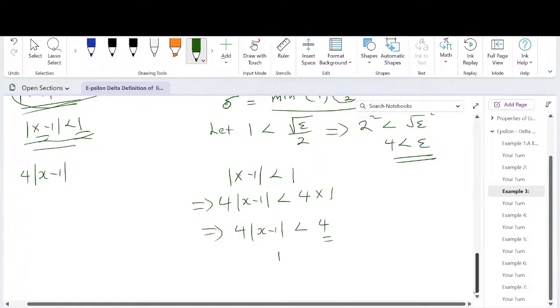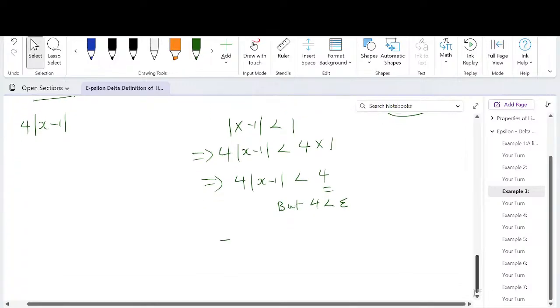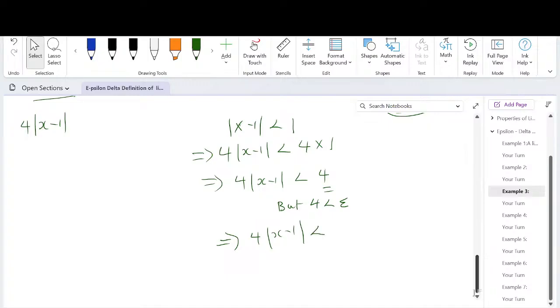But it says 4 is less than epsilon. So that means I can say that 4 times the absolute value of x minus 1 is less than epsilon. Since 4 is less than epsilon, that means it is less than epsilon.